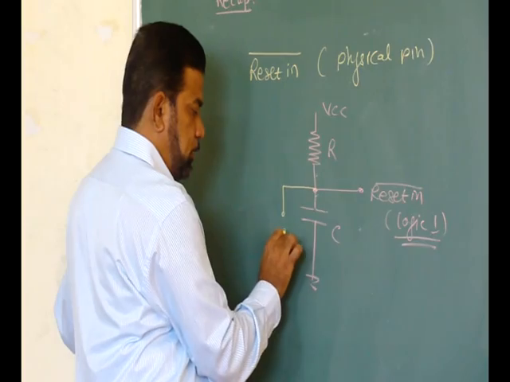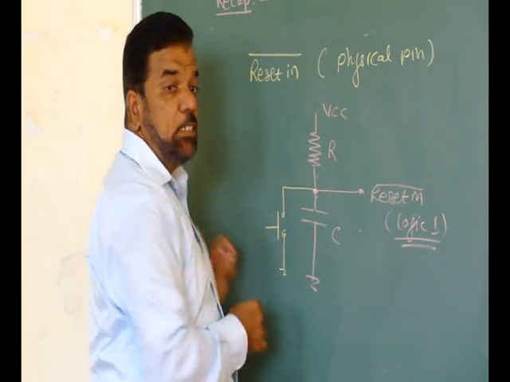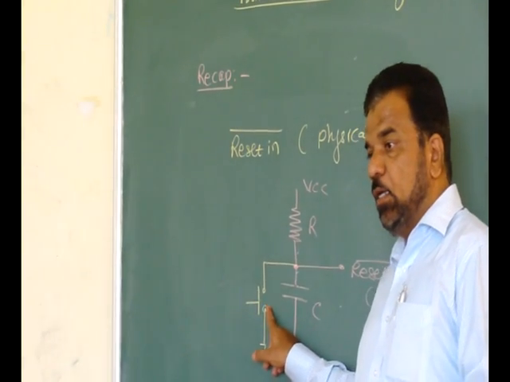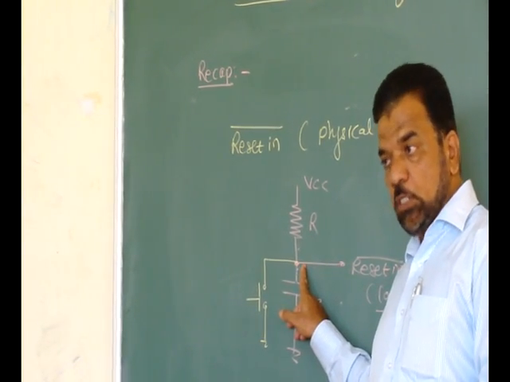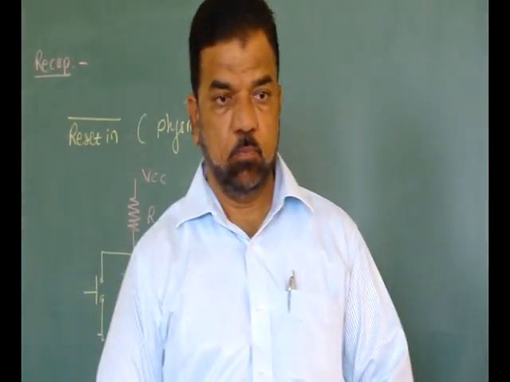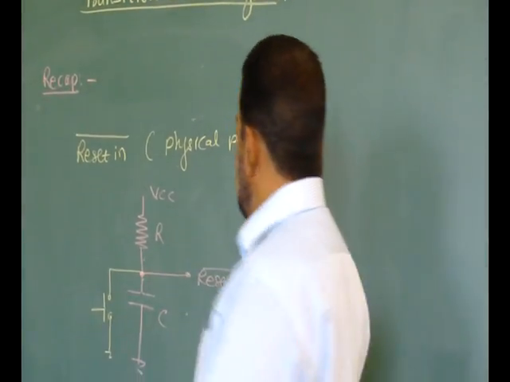And another reset is your reset key, the manual reset. If you press this reset key, again this voltage becomes 0, and as a result your processor goes into a reset state. So the question is, what happens in this reset state?